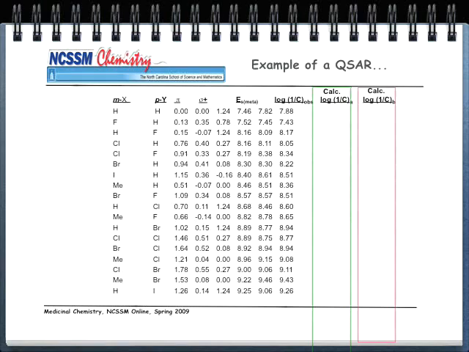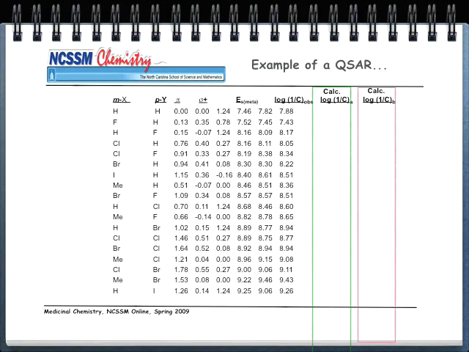So in the first example, the first drug has H in the meta position for X, and it has H in the para position for Y. And we have real data, so I have lipophilicity, I have a sigma, I have a Taft steric parameter, and I have a log 1/C observed. So this is what I call my test data set. There's 22 drugs here. And you notice as you go down, you're replacing the meta X with a fluorine, a hydrogen, chlorines, bromines.